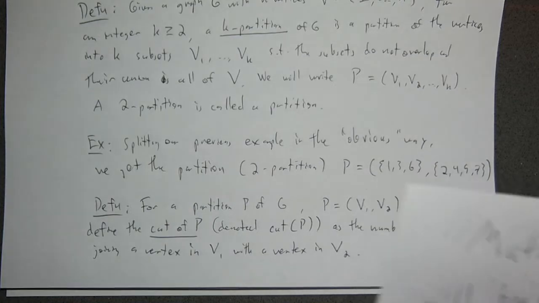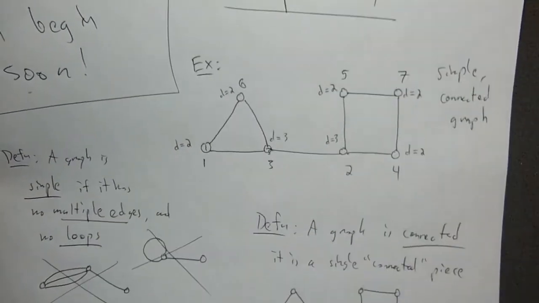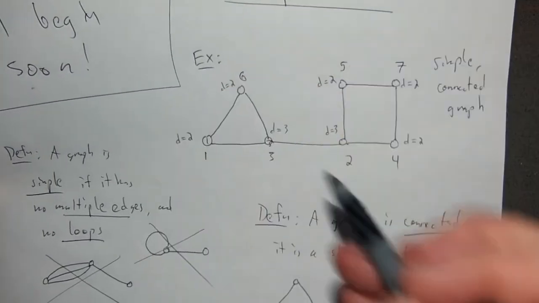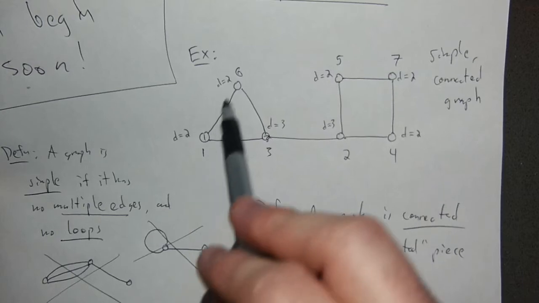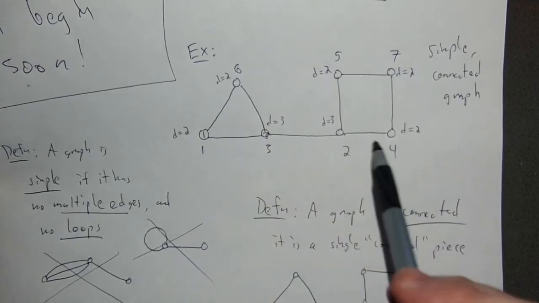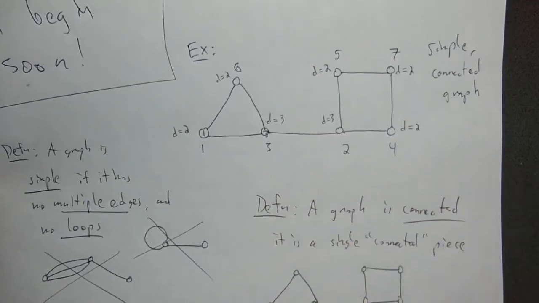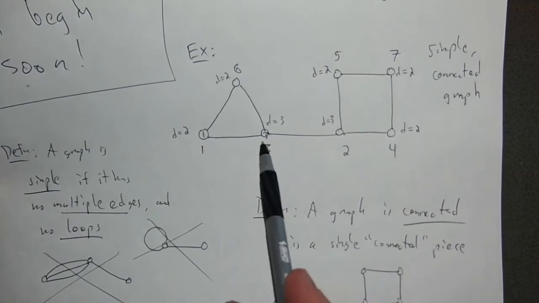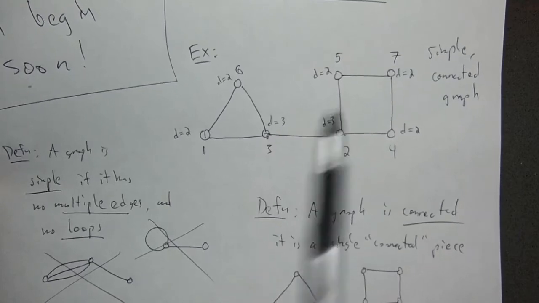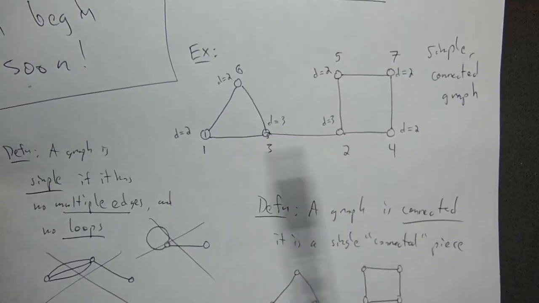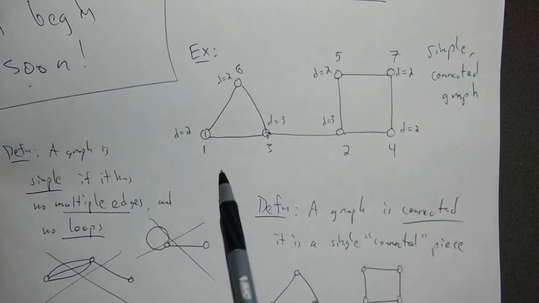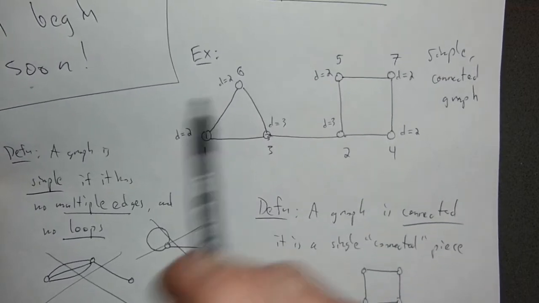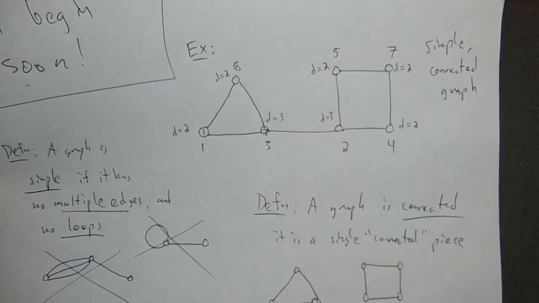Well, again, returning to this example. So thinking of the partition of this graph as 1, 3, 6 and vertices 2, 4, 5, 7, what is the cut of that partition? The cut of that partition is 1, because there is only a single edge, the 2, 3 edge, that connects a vertex in V1 with a vertex in V2. V1 is this triangle and V2 is this square.